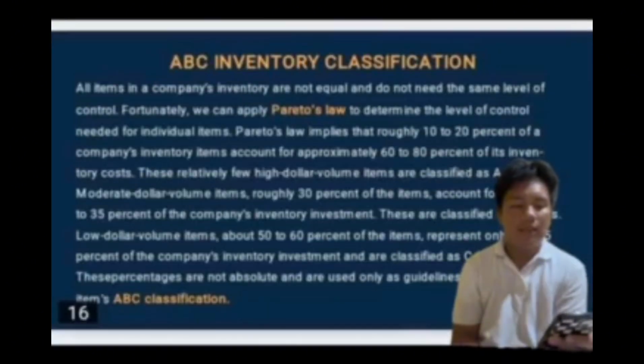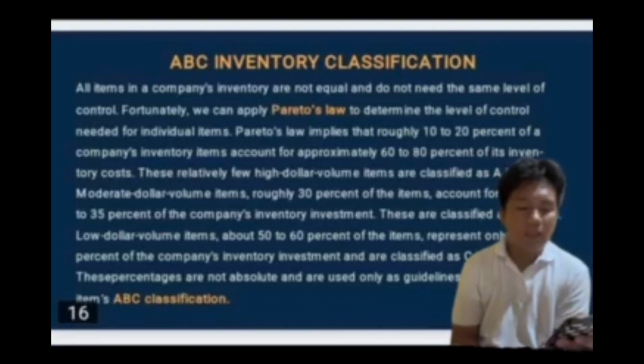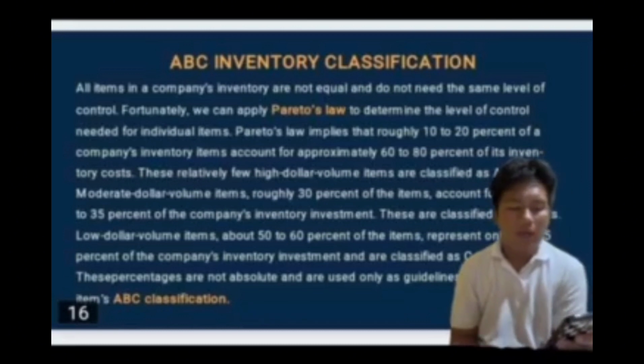ABC inventory classification. All items in a company's inventory are not equal and do not need the same level of control. Fortunately, we can apply Pareto's law to determine the level of control needed for individual items.